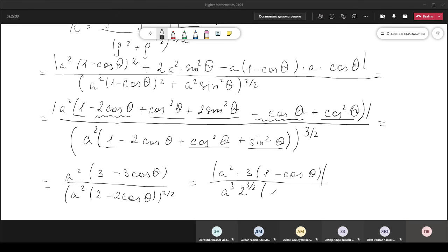And 1 minus cosine theta has power 3/2. But 1 minus cosine theta always positive value because cosine never biggest than 1. Never.